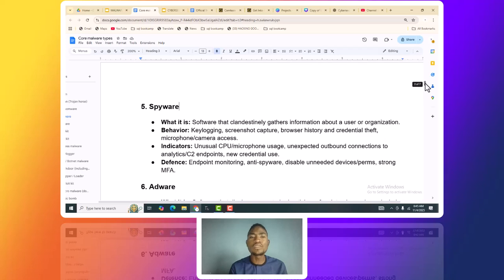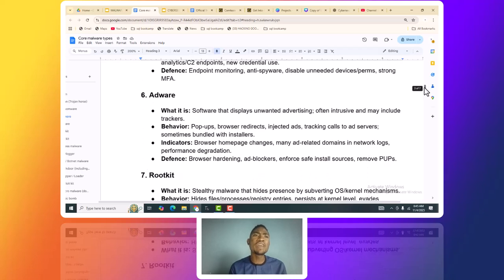Another one is adware. Have you ever observed, maybe we are browsing and you begin to see unsolicited ads on your system, or popping up on your browser, or popping up on your devices? You can see how much discomfort it is. That is the work of adware. So adware is software that displays unwanted advertisements, often intrusive, and may include trackers as well.